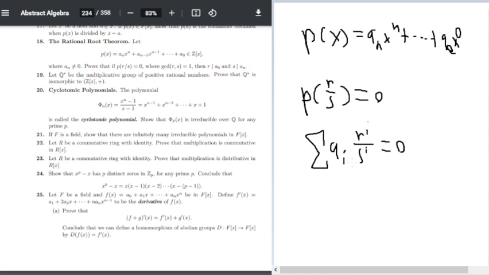So if this is the case, let's think about this. If the GCD of r and s equals 1, that implies that this is always going to be irrational, but what else can I say? Then we know there are integers such that a r plus b s is equal to 1.